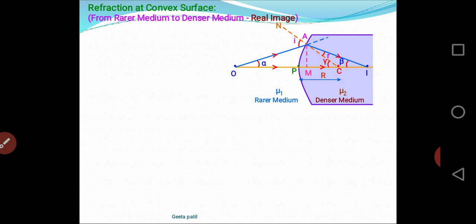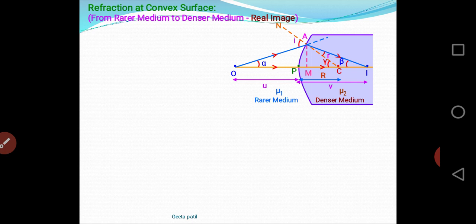Let r be the distance between center of curvature and the pole, which is known as radius of curvature. Let u be the distance of object from the pole, that is object distance, where v be the distance of image from the pole, which is known as the image distance.